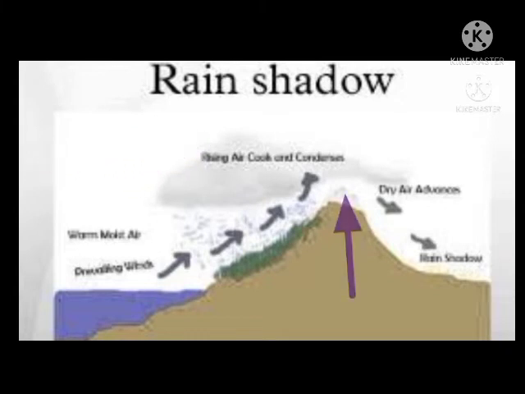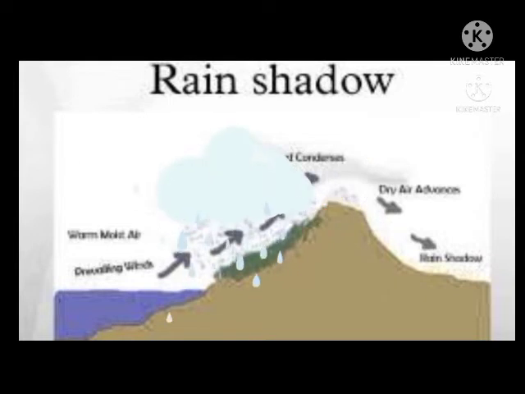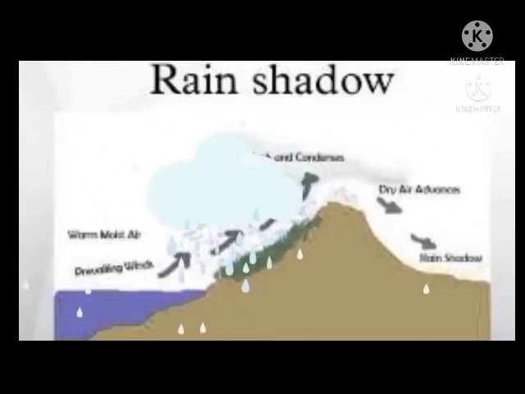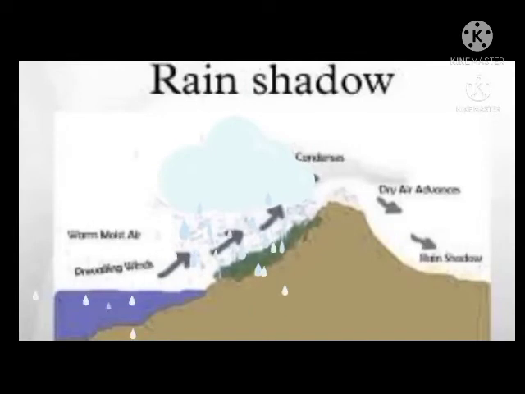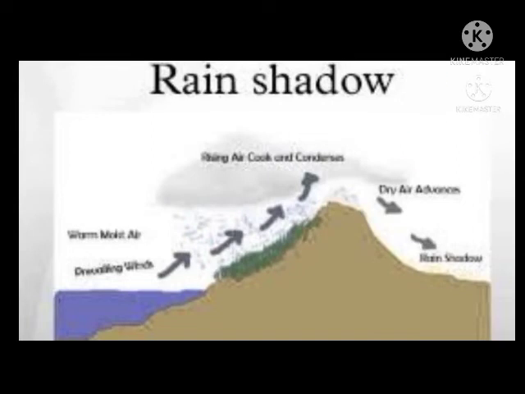When they come in contact with that mountain, because of its height, it blocks them. So rainfall takes place on one side of the mountain. Because of this blockage, the clouds cannot go to the other side. So it receives very little rainfall. So this side is known as rain shadow area.